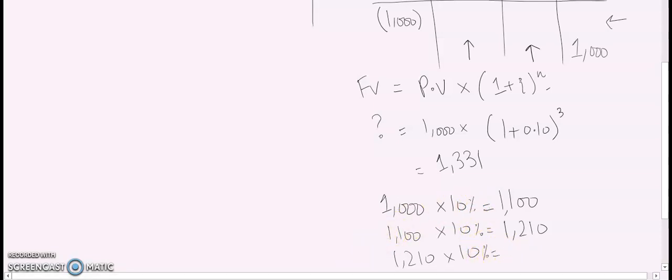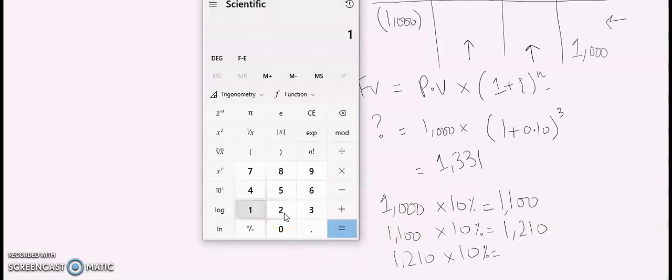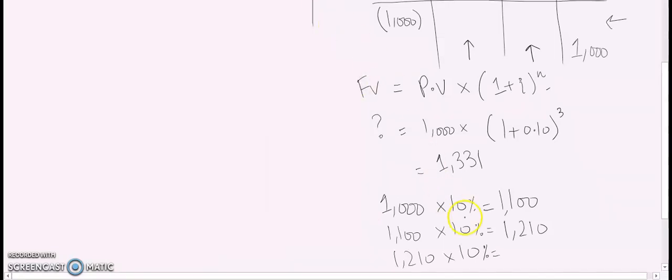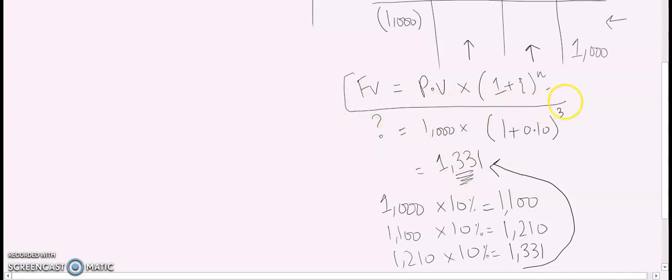What do you get? You get the same answer. Hence proven that even if you individually compound each of these figures, you will ultimately get the answer that we got from this formula right here.